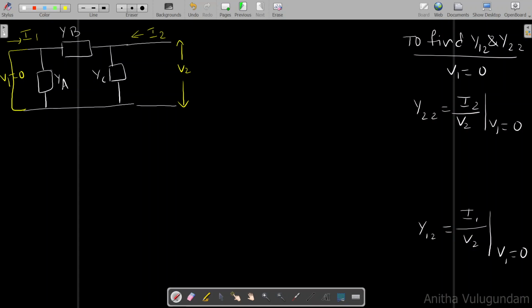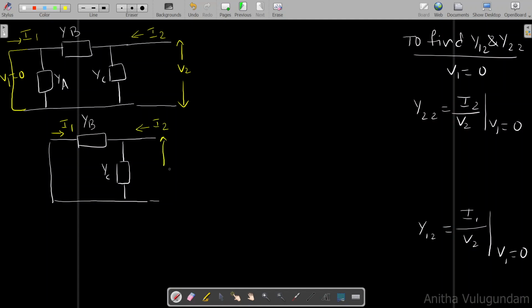When V1 becomes short circuited, the circuit becomes like this. This is YB, YC.